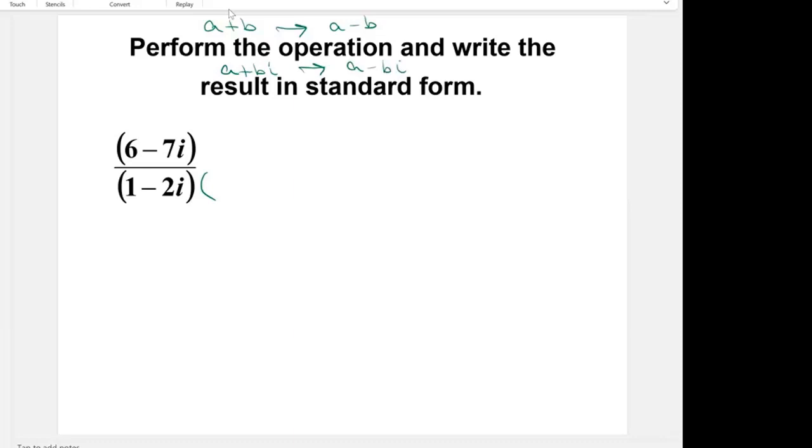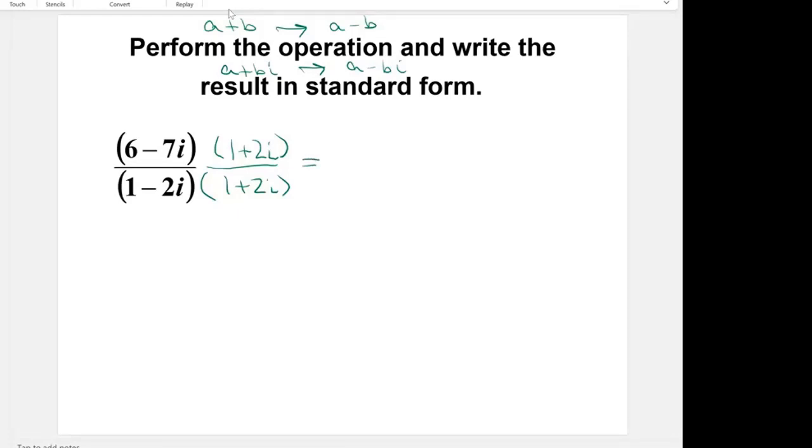Exactly. So it's just 1 plus 2i. Perfect. So I'm going to multiply the denominator by 1 plus 2i. If I do that, I also have to multiply the numerator by that. That way I haven't changed the number. All I've done is multiply by 1, right? It's going to look different, but I'm still just multiplying by 1.